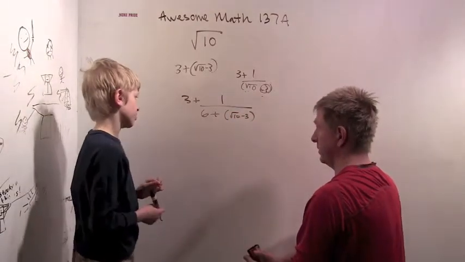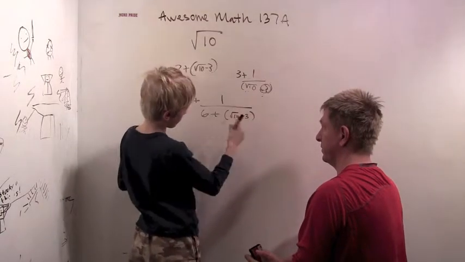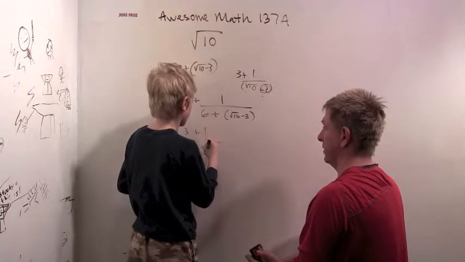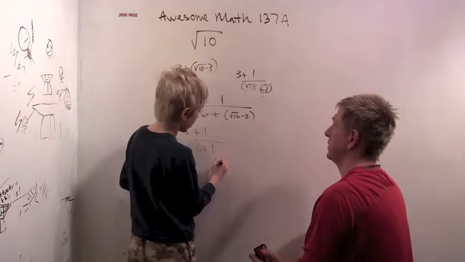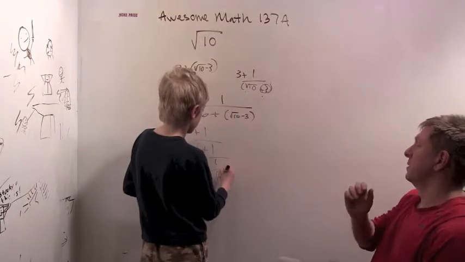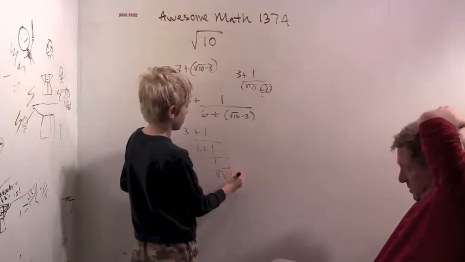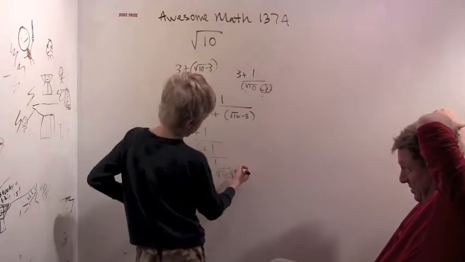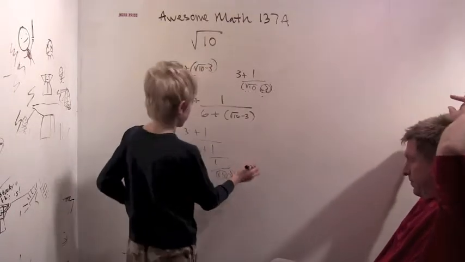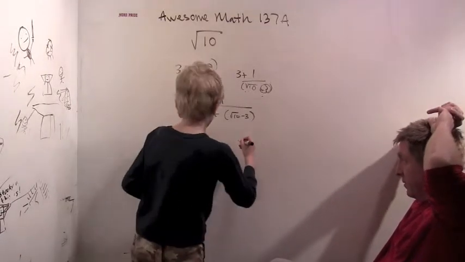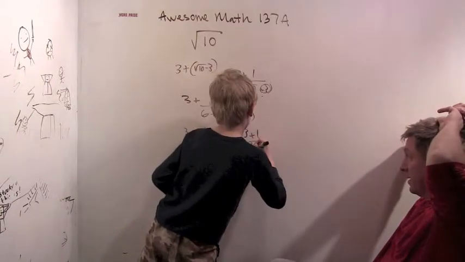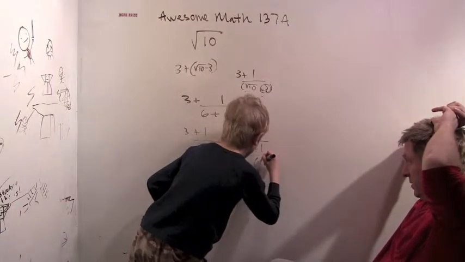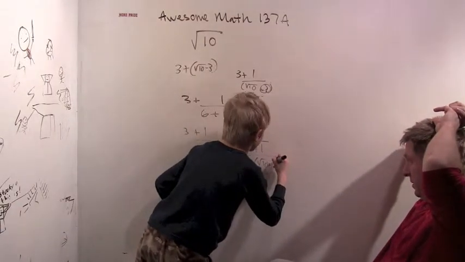So now we flip this, we get 3 plus 1 over 6 plus 1 over 1 over the square root of 10 minus 3. But we've been here before. We have to multiply by the square root of 10 plus 3 over the square root of 10 plus 3, and then we get 3 plus 1 over 6 plus 1 over the square root of 10 plus 3.